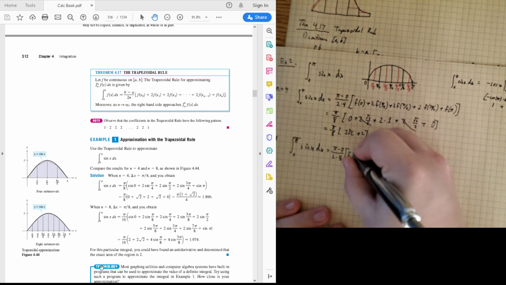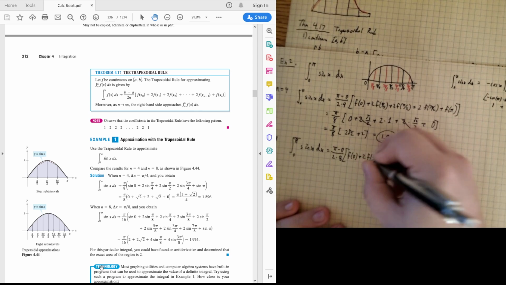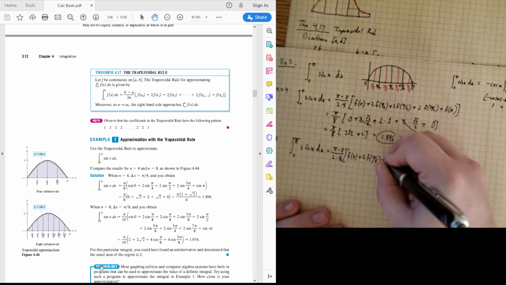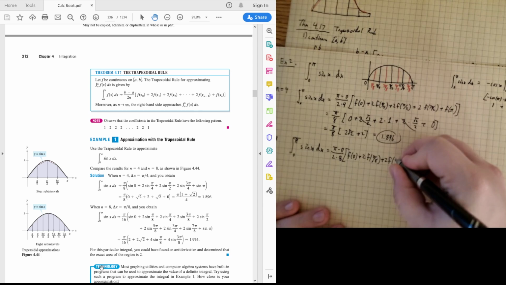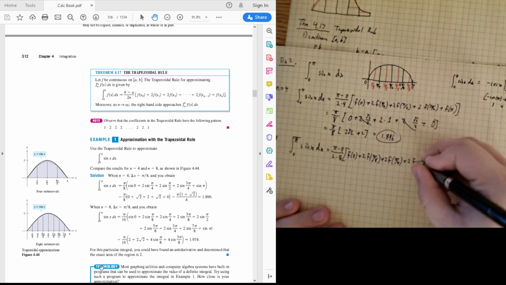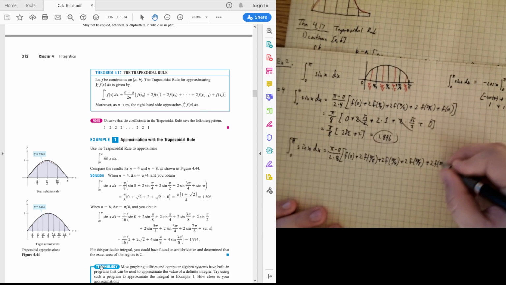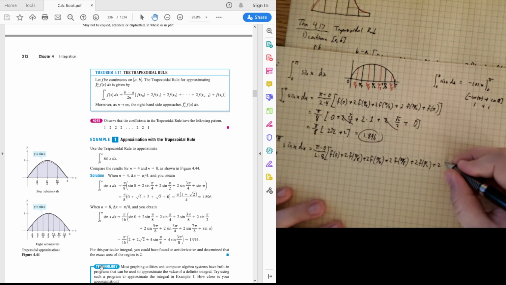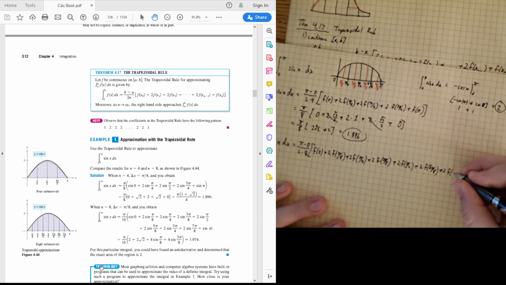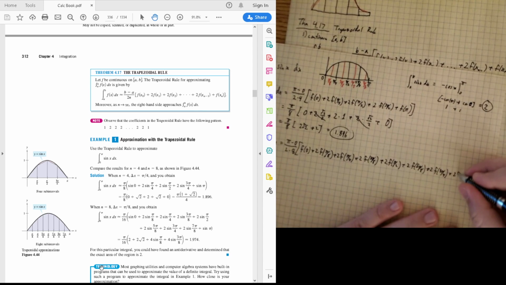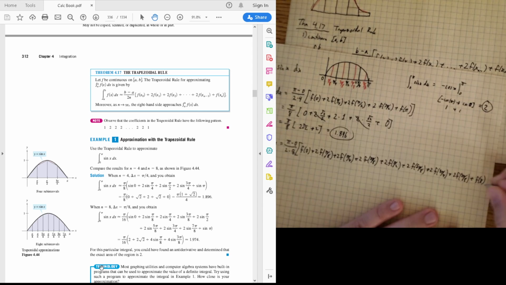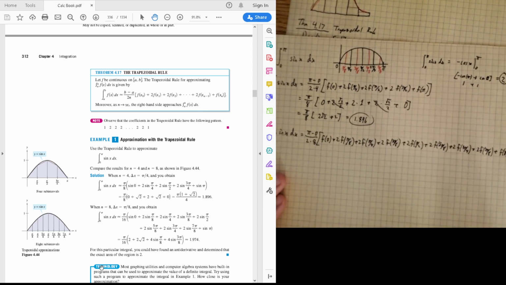We would do f of 0 plus 2 f of pi over 8 plus 2 f of pi over 4 plus 2 f of 3 pi over 8 plus 2 f of pi over 2 plus 2 f of 5 pi over 8 plus 2 f of 3 pi over 4 plus 2 f of 7 pi over 8 plus f of pi.